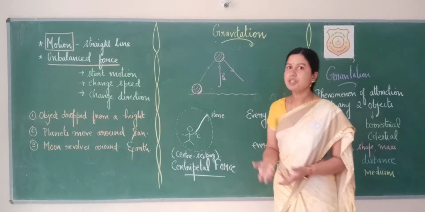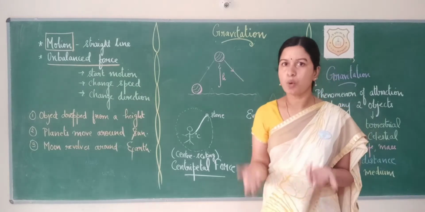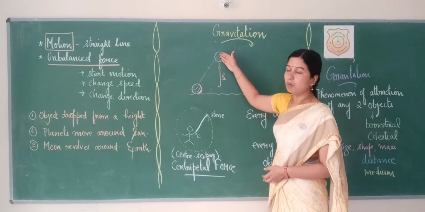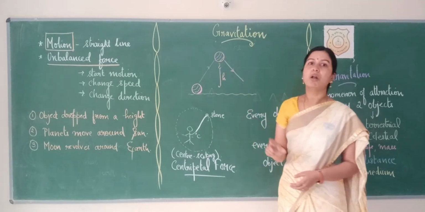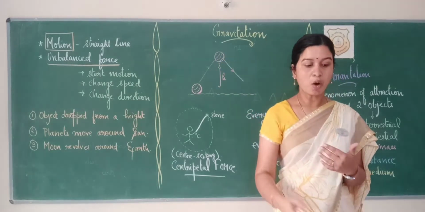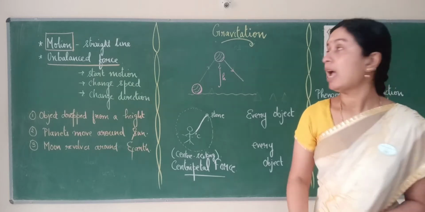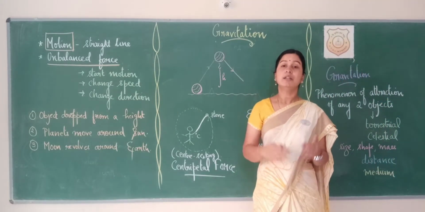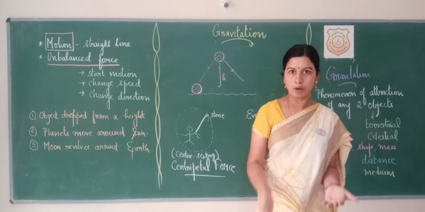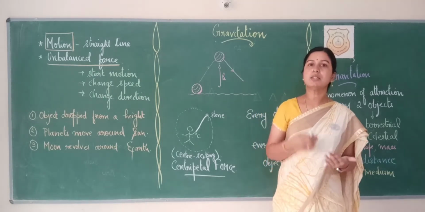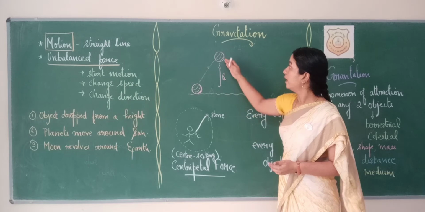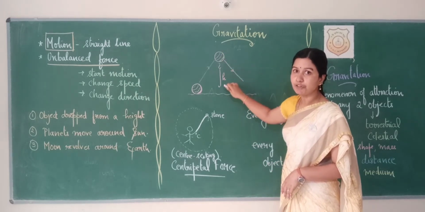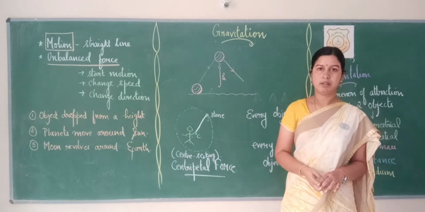As you throw the ball, you will see that as it goes up, the velocity of the ball keeps on decreasing, and after it reaches a certain height from the ground, the velocity becomes zero, and then the ball stops at a certain height and then it falls downwards, right?